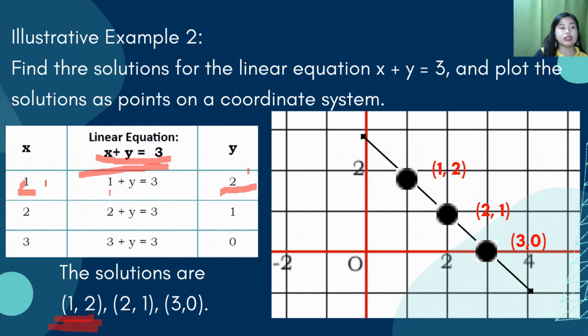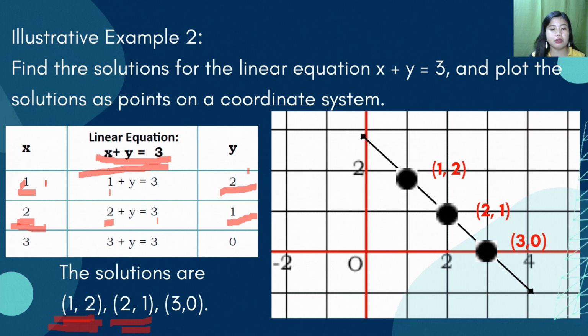Next, what if our x is 2? 2 + y = 3. What will you add to 2 to get 3? Yes, 1. So another solution is (2, 1).